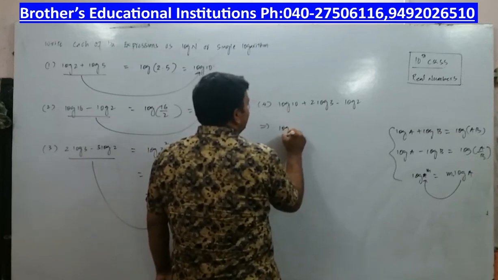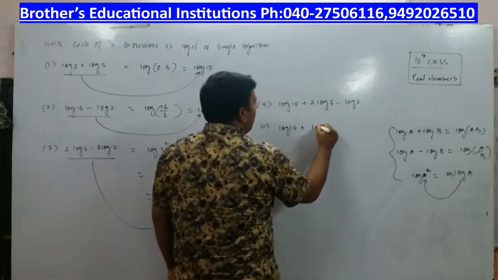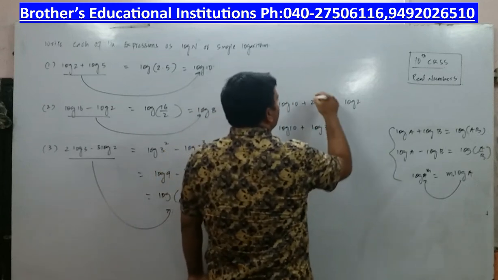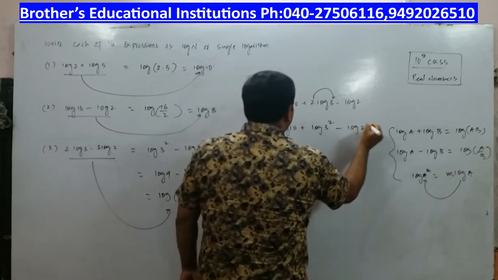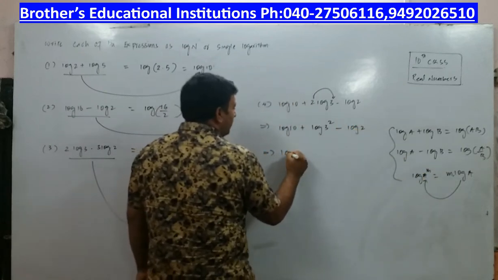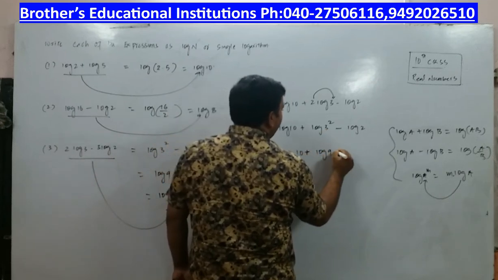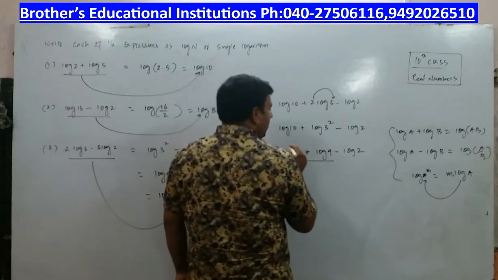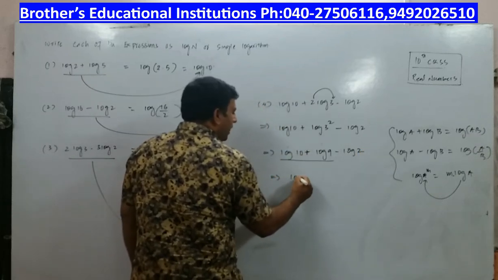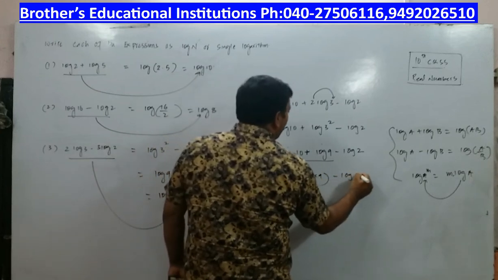Now first let me write this log 10 as it is. Now 2 log 3 can be written as log 3 power 2. This 2 will come above as per this formula, minus log 2. Alright sir. So it is log 10 plus log 3 square, which is nothing but log 9, minus log 2. Now initially I will club these two things together. Log A plus log B is log of A into B, minus log 2.